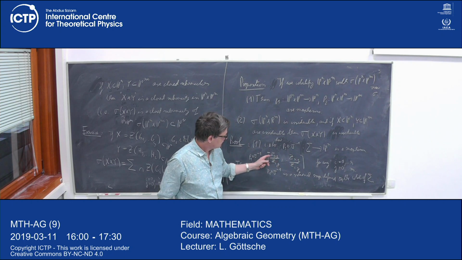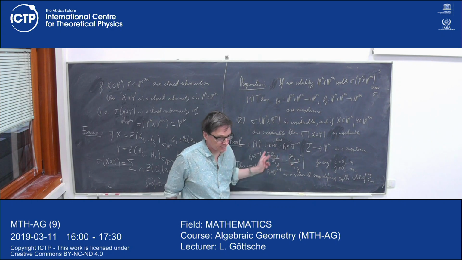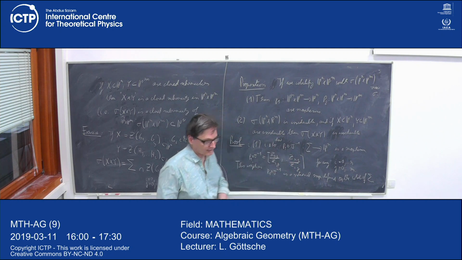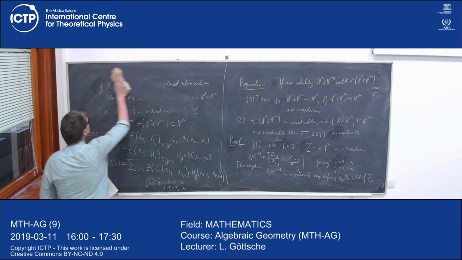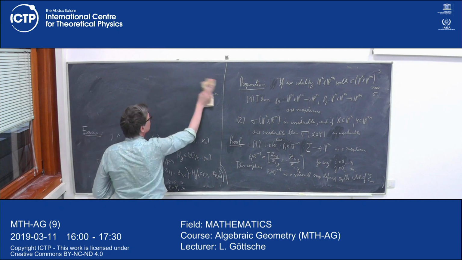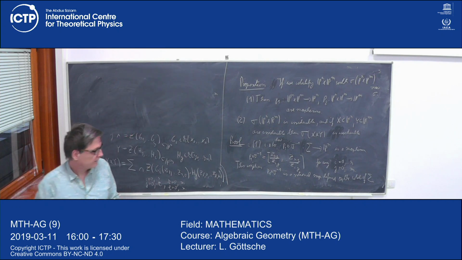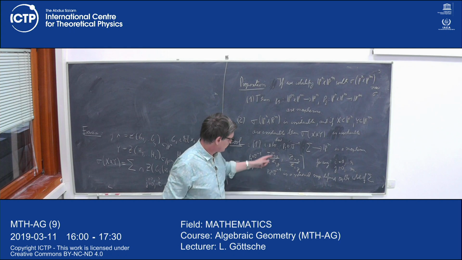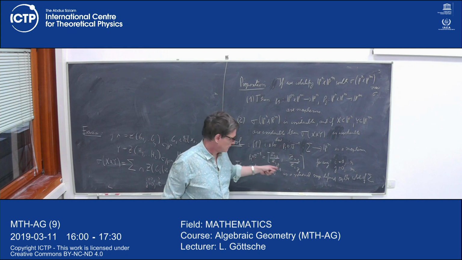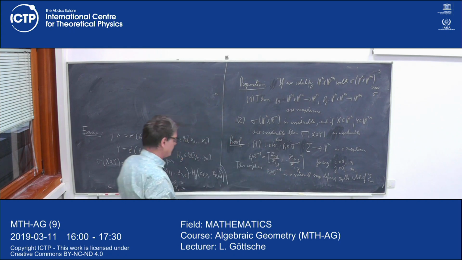So we have to see that these all lie in the same equivalence class. We cannot randomly write down something. That means that for different values of i and j, this is always the same rational map.